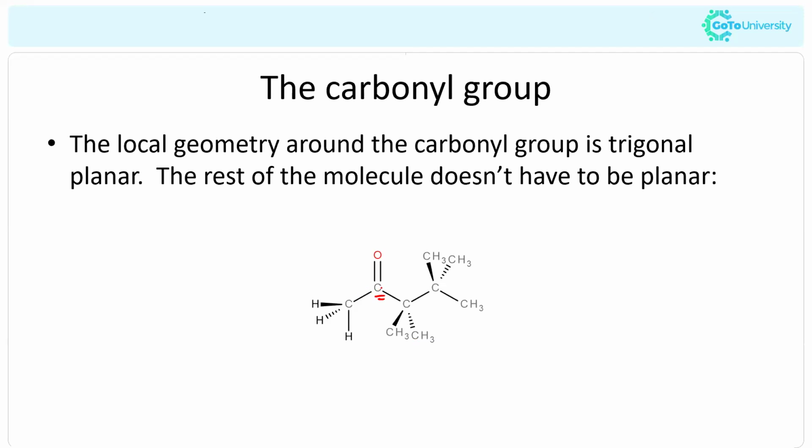The geometry around the carbonyl group is trigonal planar, but the rest of the molecule doesn't have to be planar, meaning only this part will be trigonal planar. The remaining R group may be whatever it is, it may be different.